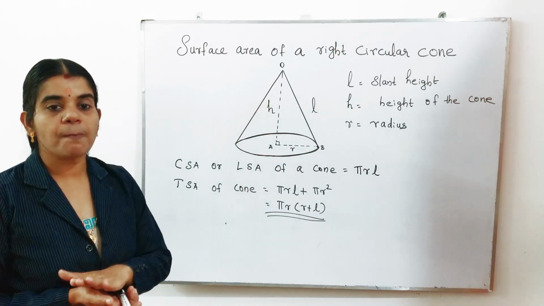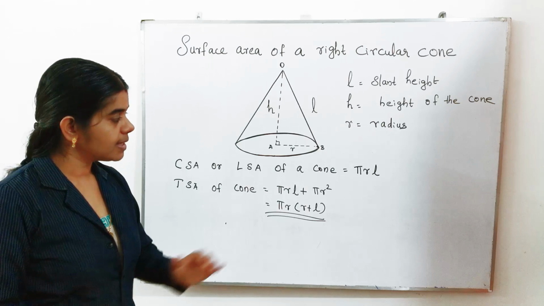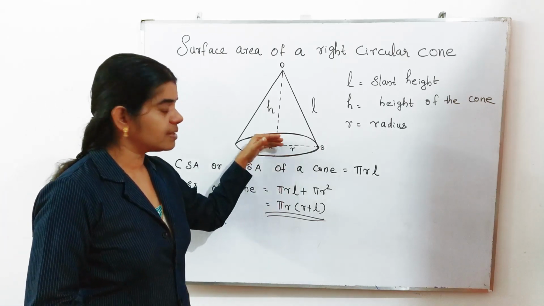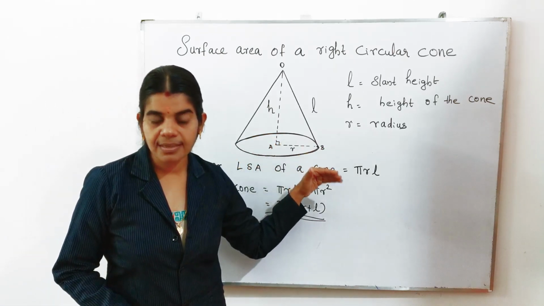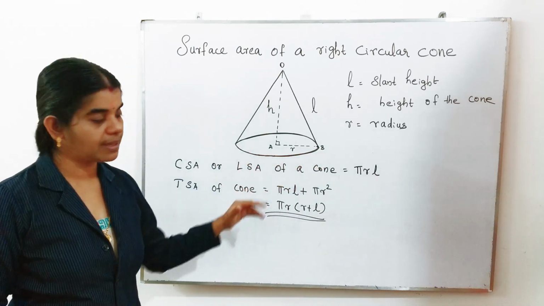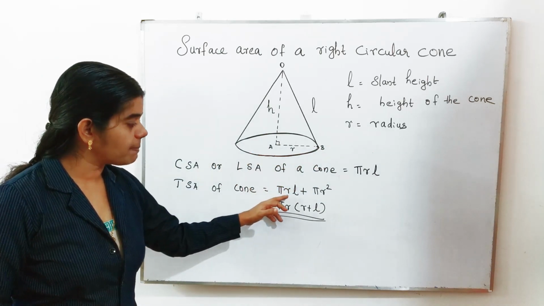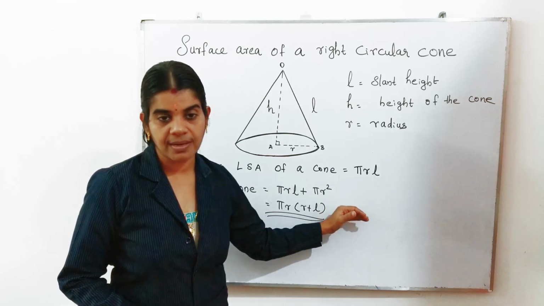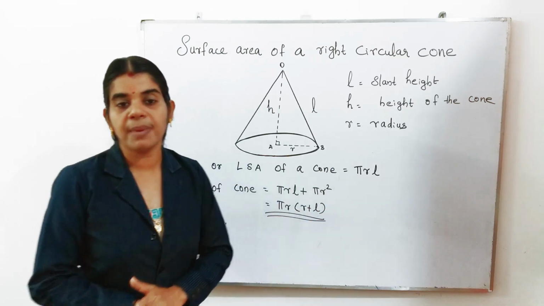Total surface area means we also consider the base area. The base of the right circular cone is a circle, so its area is pi r square. Then the total surface area is pi r L plus pi r square, curved surface area plus base area.